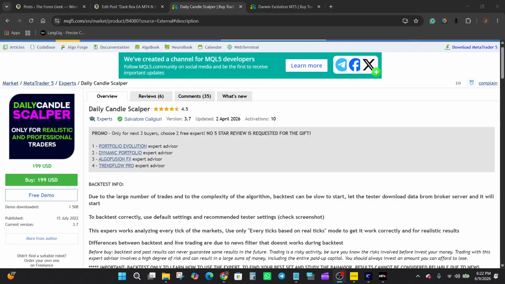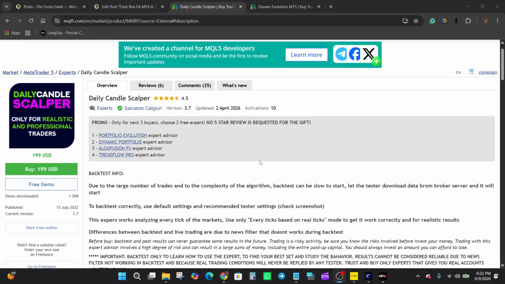Alright, so jumping straight into it, I am currently on the MQL5 Marketplace page for the Daily Candle Scalper EA. From what I can see here, this is an expert advisor built specifically for MT5, so it is designed to run on the MetaTrader 5 platform.